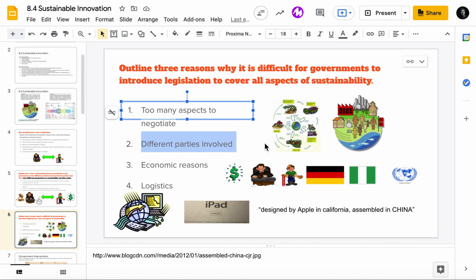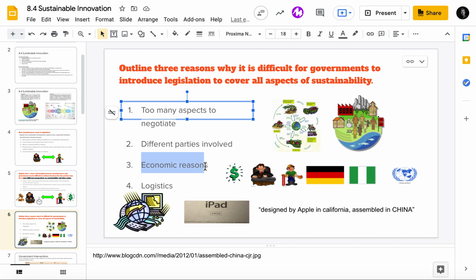Similarly, there are lots of different parties involved. When it says parties, that's a government plus this organization plus that NGO plus this person plus that company. There are lots of different people, and again, it's hard to please all of them in order to create legislation that can make a difference for sustainability.